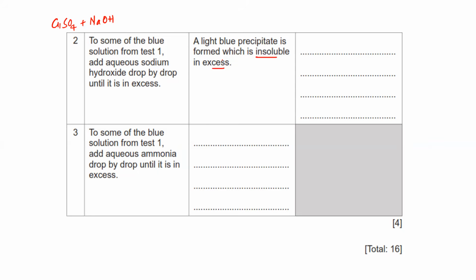With this reaction you get sodium sulfate and copper hydroxide, and that is the blue precipitate, and that basically confirms the presence of copper ions.